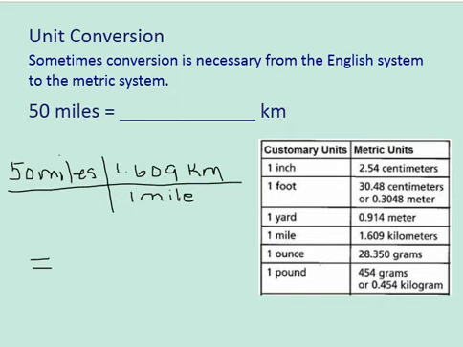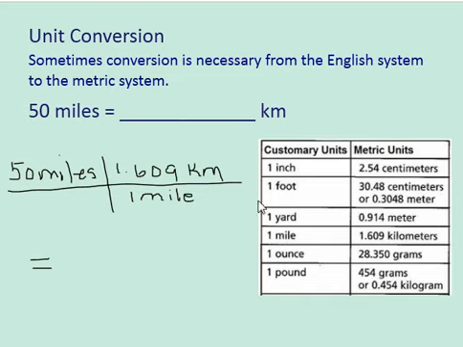So just like the metric system, where you have conversion factors, you also have them here. No different, and the process is no different. So you can see here I have 50 miles and someone's asking me to convert it to kilometers. We have a conversion factor.